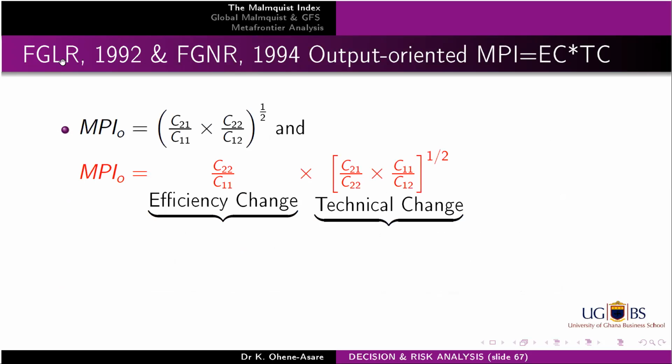This definition, from 1992, was the original Malmquist decomposition. Please watch it carefully. The C here means that we are estimating everything relative to which frontier?